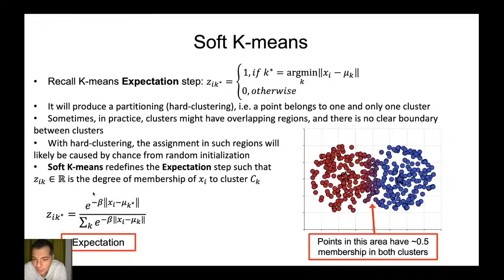So essentially, these values for the example i will have the sum equal to 1, just as before, as in hard k-means. But this time the values will be proportional to the distance from the centroid to the example, or actually, the smaller the distance, the higher the membership value.